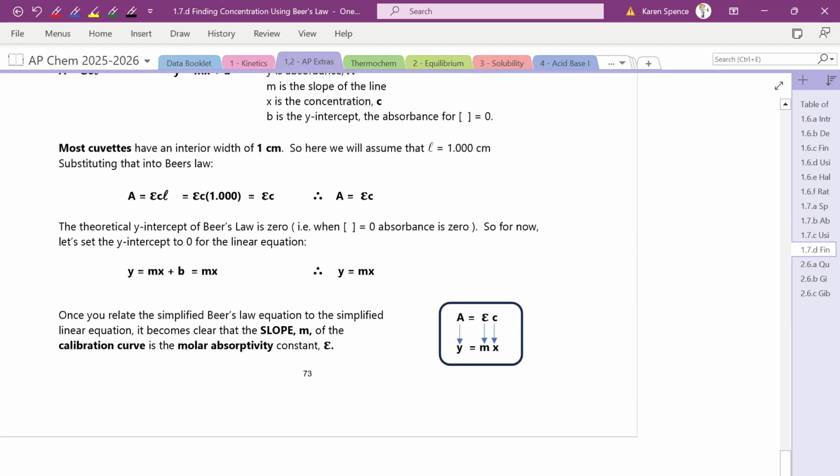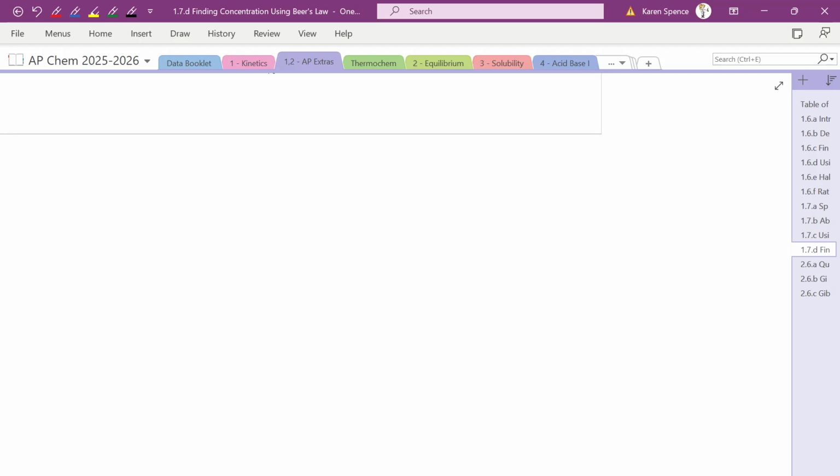Okay, this just explains that, and there we are done with that. And we are actually going to go to our other workbook now. We are going to go to page 11 in the green book.